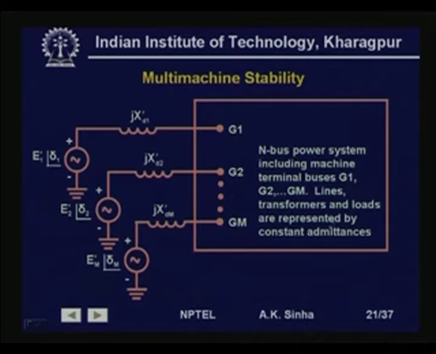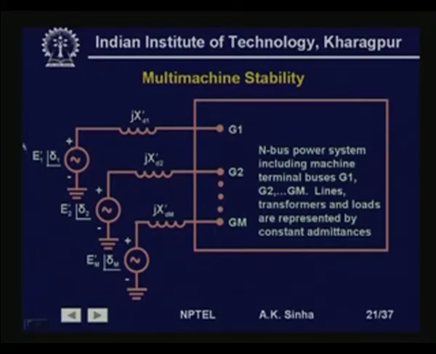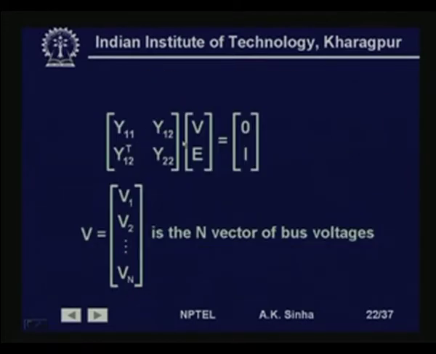for n number of buses in this system, the bus voltages will be V1, V2, V3, V4 and so on, and for these generators we have the internal voltages E1', E2' up to EM'. So, we can write the relationship as YV equals I terms.